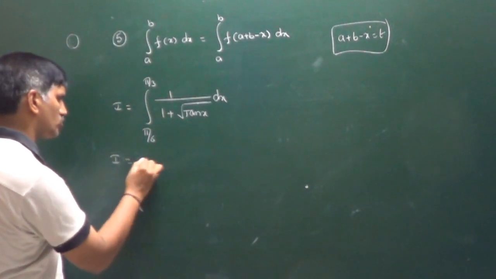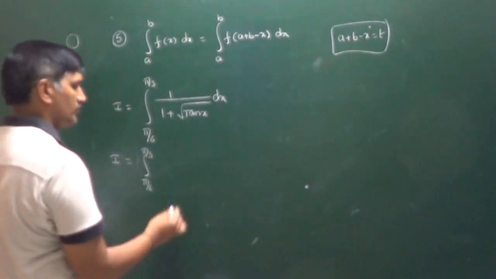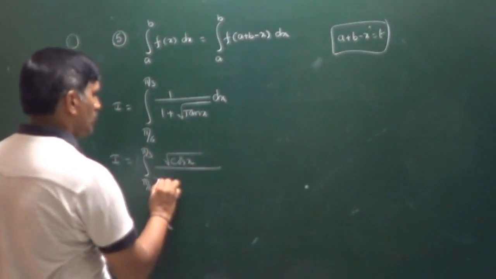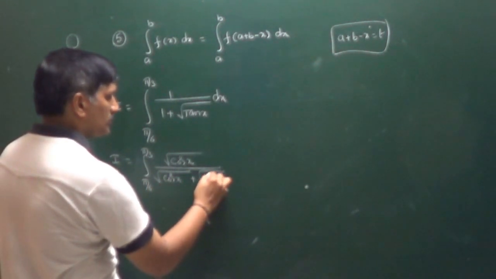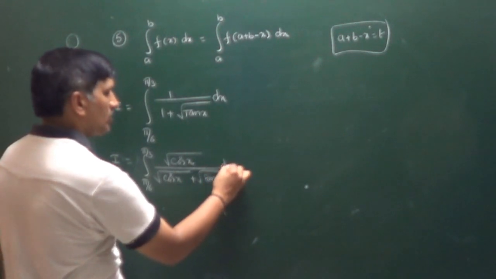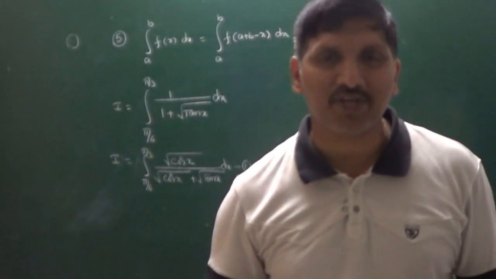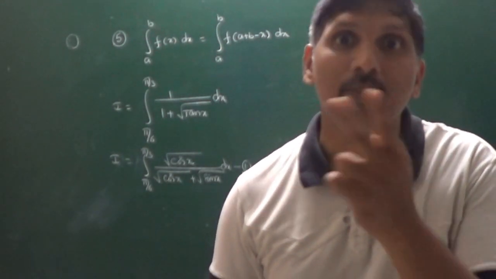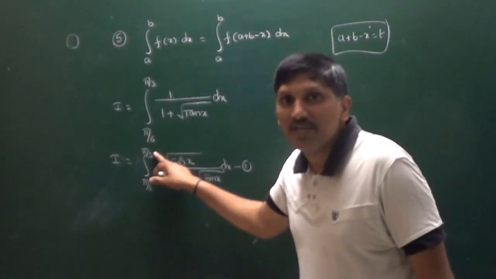Now I is equal to the integration of pi by 6 to pi by 3 of root cos x divided by root cos x plus root sin x dx. Call it equation number 1. Apply the property: in place of x we have to write a plus b minus x.